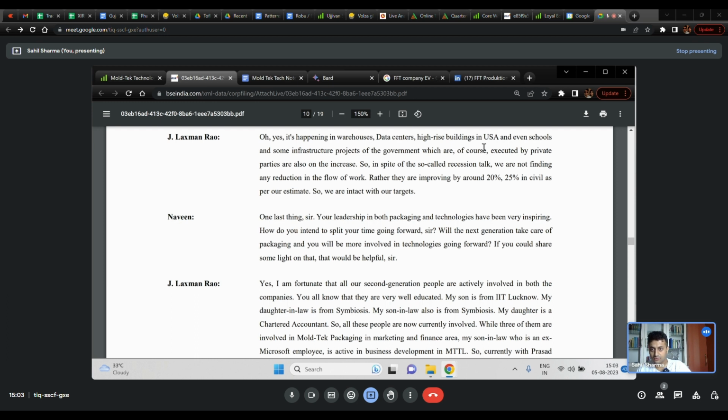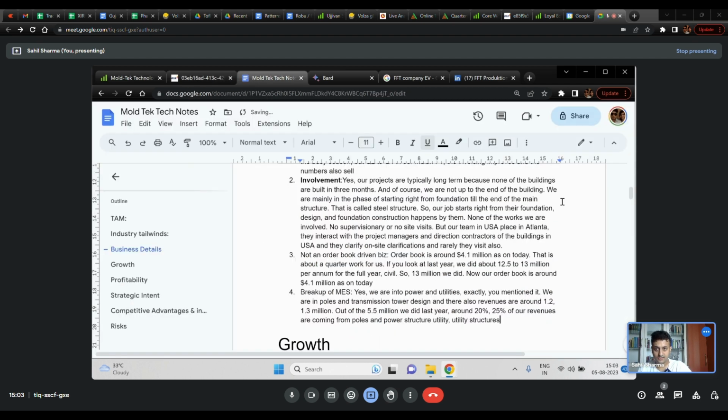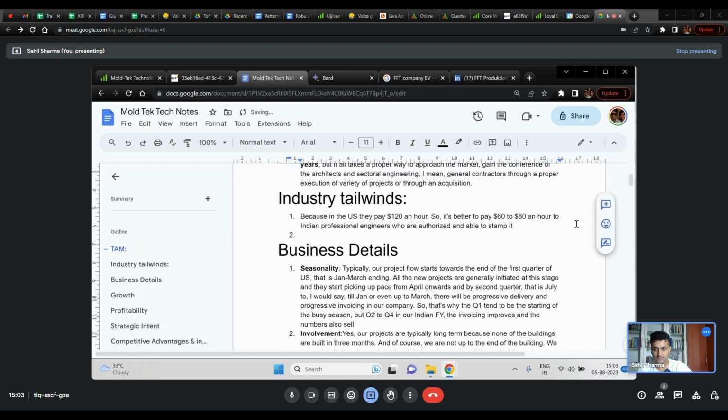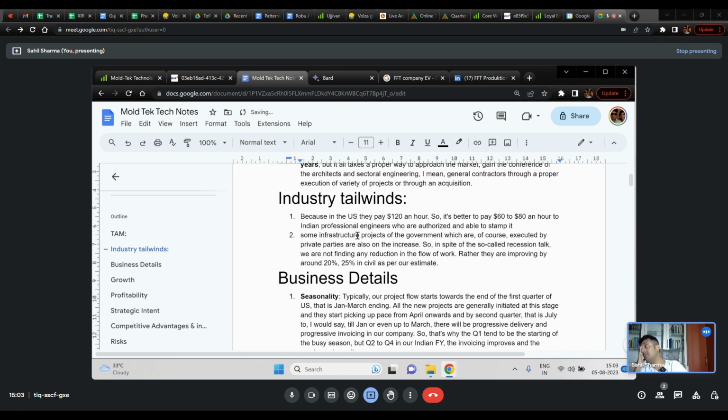So I think this is also very important to understand. This is very important to understand industry growth drivers, industry tailwinds. So I think a lot of people were worried that there can be recession in the US, there can be inflation in the US.